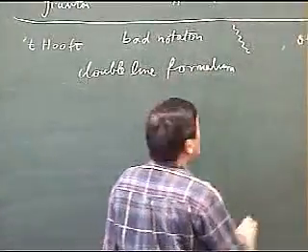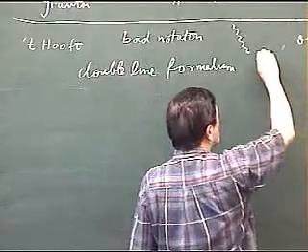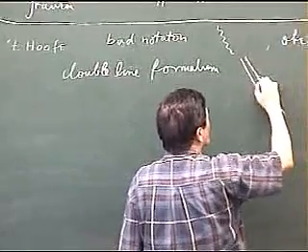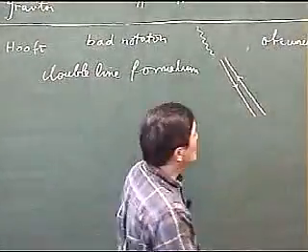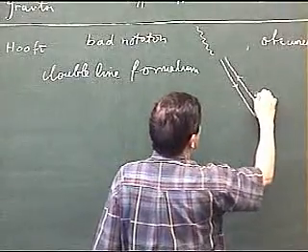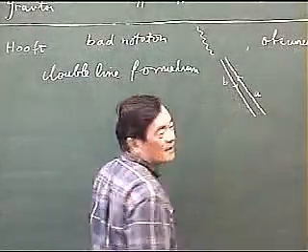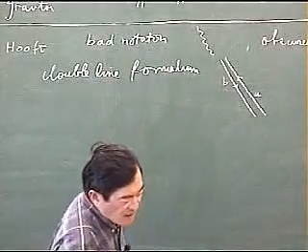So instead of writing a single wiggly line, he writes a double line. One of these lines carries the index a, and the other carries the index b.